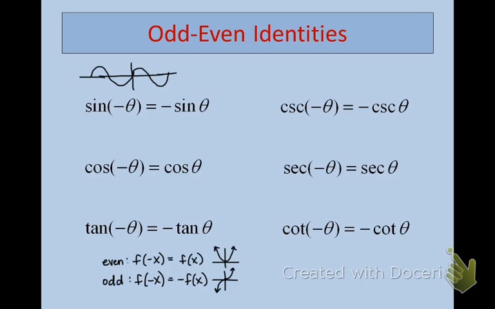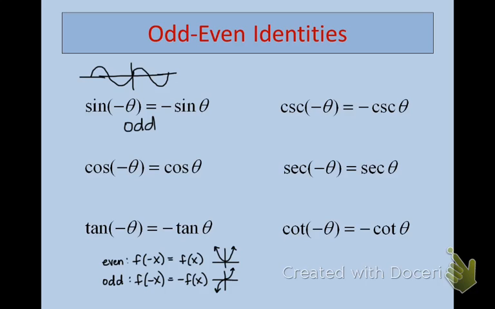No, that is not perfectly symmetrical about the y-axis. So this is actually an odd function, which is why if you plug in a negative theta, that's just like plugging in a negative x, you get the opposite of the function back. It's the same exact thing that we've been doing, right?